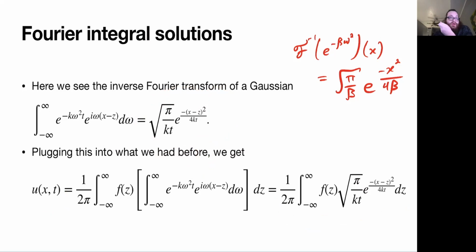Sure, it's still an integral, but assuming our initial condition is real, now everything is real. So in a sense, it's in a slightly more comfortable framework for our intuition and the functions we're comfortable with. Cool.